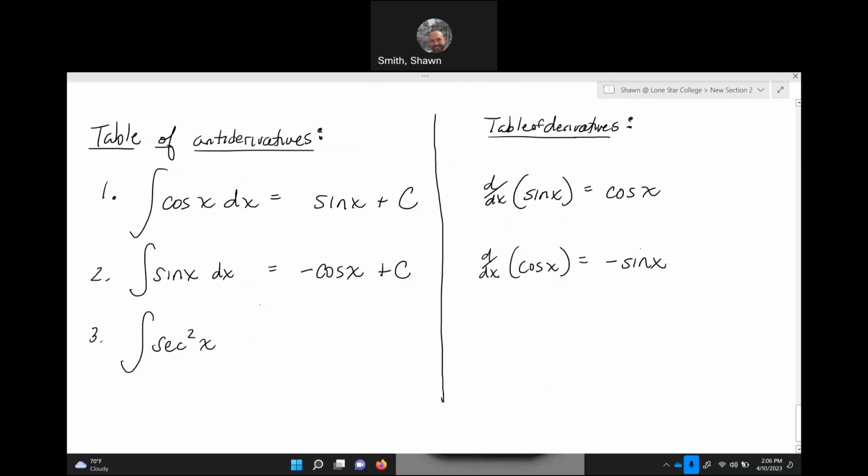Integral of secant squared x dx. This is your tangent of x plus c. The derivative of the tangent of x is equal to the secant squared of x.